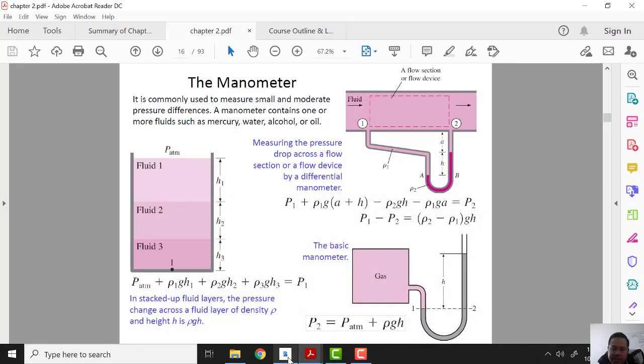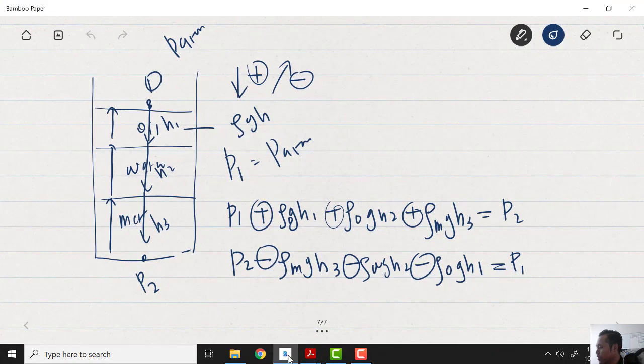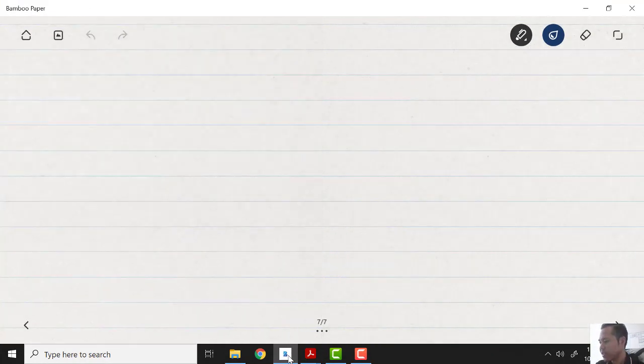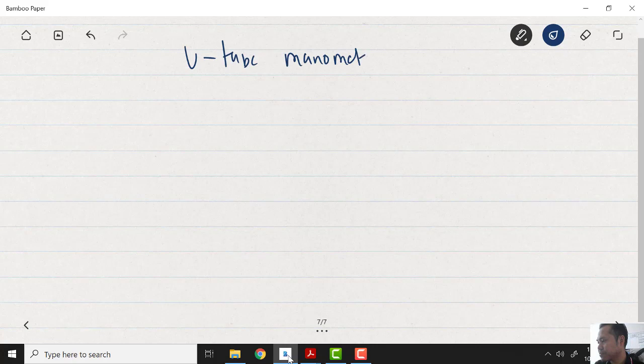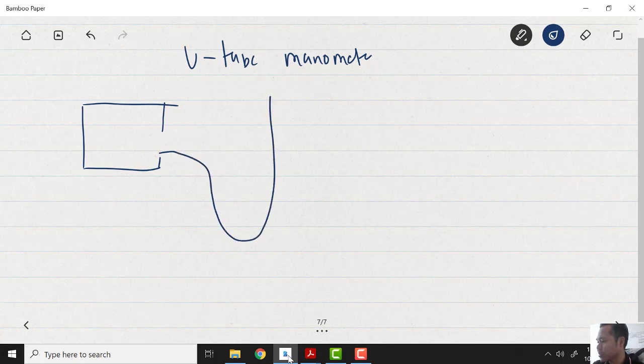Alright, that is the simple stack of fluid layers in a manometer, and then we'll look at the very simple U-tube manometer. For example, we have a container connected to a U-tube manometer. In this manometer we have water.